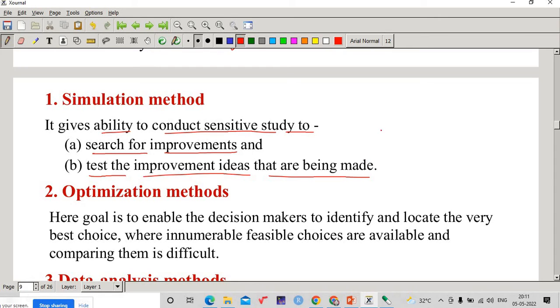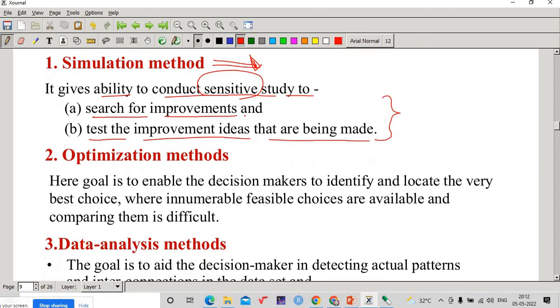Suppose we already have data, or we are doing any kind of survey. Through that survey, we can search where improvements can be made and what the different ideas to improve things are. That we can focus on through this sensitivity analysis, and it can be done through simulation of given products and the techniques used under that.